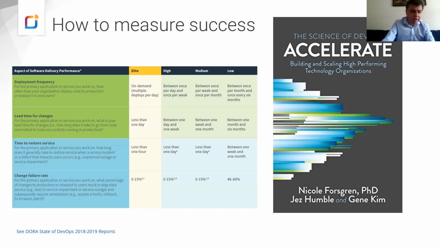And what they are measuring are components like deployment frequency and lead time for changes. These two metrics in green are related to speed, and time to restore service and change failure rate relate to quality. And what the successful companies do is they don't sacrifice one for another. They are quite good at combining them.